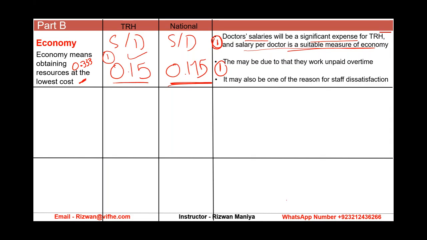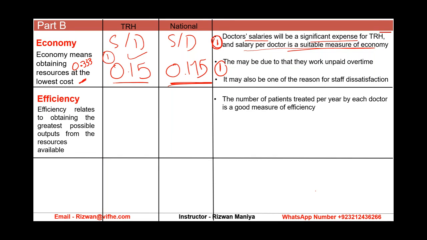Okay? Right. So it's 975 versus 833, and justification is the number of patients treated per year by each doctor is a good measure of efficiency because it covers both patients and the doctor.